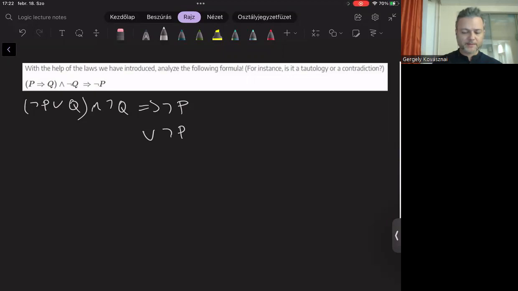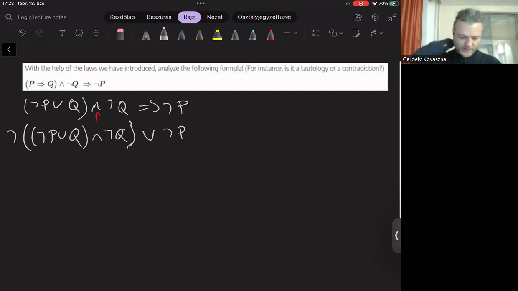Implication has lower precedence than this conjunction. So as a result, the entire formula here is the left-hand side of the implication. Therefore, you have to negate all that formula, right, like that.